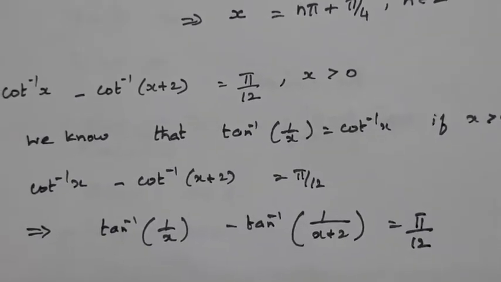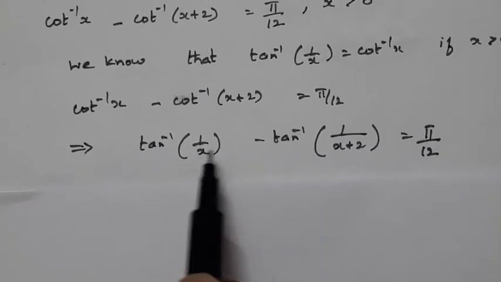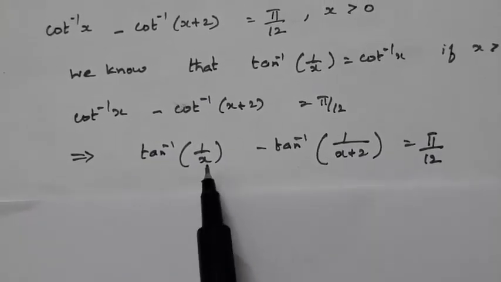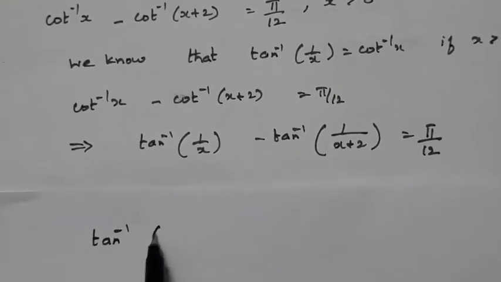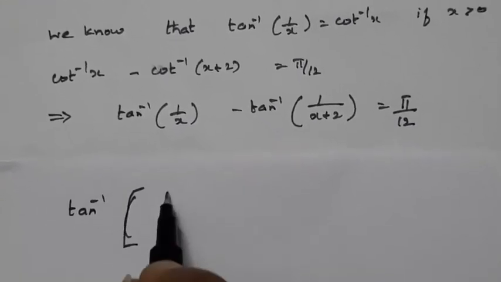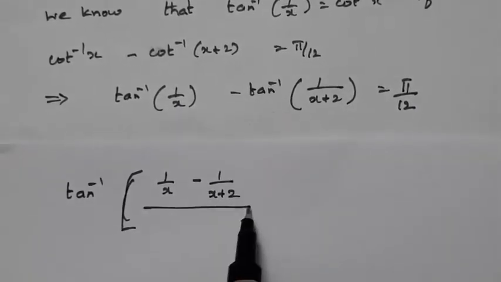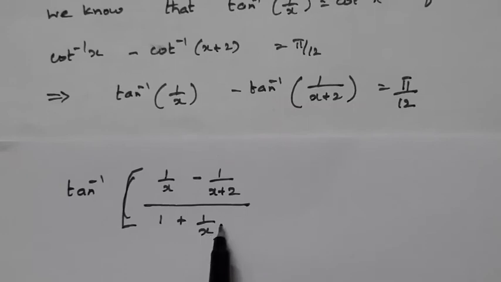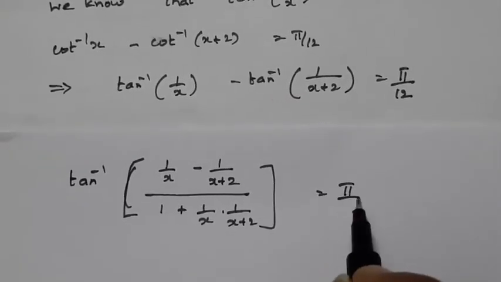Okay. Now let us apply the formula tan inverse of x minus tan inverse of y for the left hand side. So what happened? It would be tan inverse of 1 by x minus 1 by x plus 2 divided by 1 plus 1 by x into 1 by x plus 2, that is equal to pi by 12.